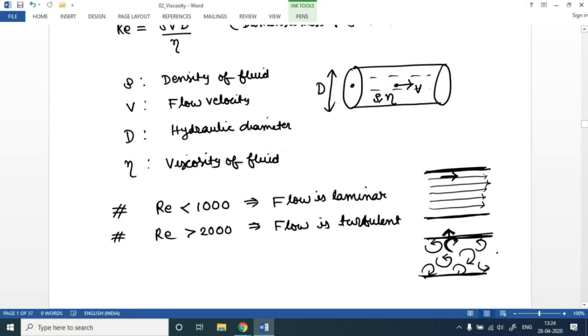So for a normal pipeline design, the flow engineers try to keep the flow laminar. They try to avoid turbulent flow for the long life of the pipe. But there is another trade-off here.